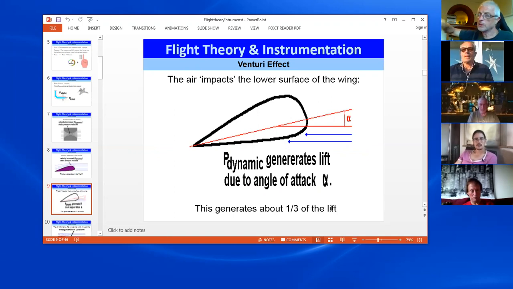So you've got 2/3 from pressure reduction and 1/3 due to the angle of attack. Those are the values you'll need to know for the exam. From a flying point of view, it gives you a better understanding of how the wing works, and we'll look at angle of attack and what it does to the wing a bit later on.